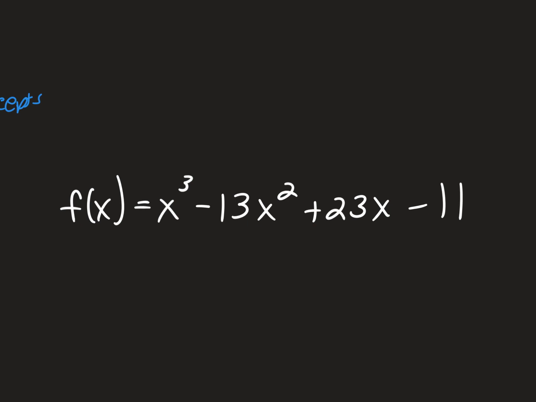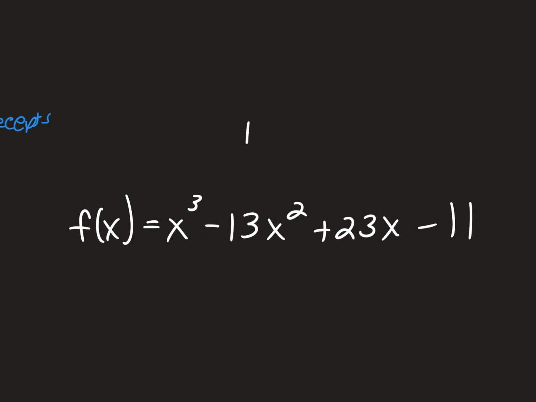All right, if I asked you to list out all the possible zeros, that's that P over Q. It's the last term over the first term. So what would your possible zeros be? Plus minus what? 1 and 11. Whatever's going to make up this last term.